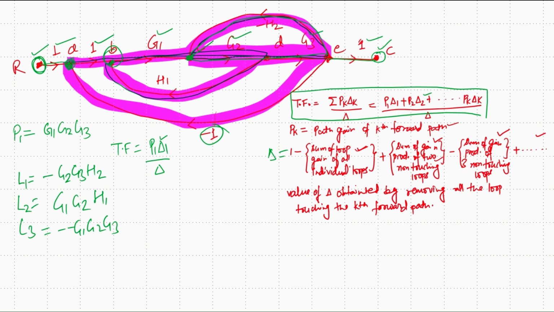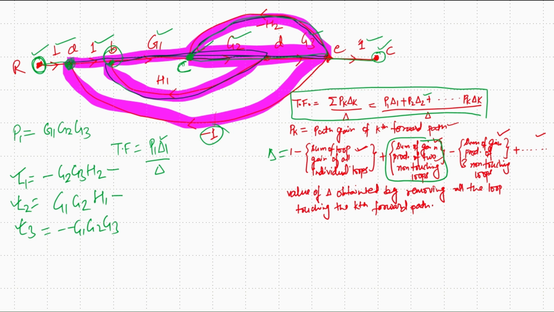Now, the second term in delta is the sum of loop gain products of two non-touching loops. Non-touching loops are loops which do not have common nodes. But in all these three loops, L1, L2 and L3, we have common nodes. If we talk about L1 and L2, node C is the common node.